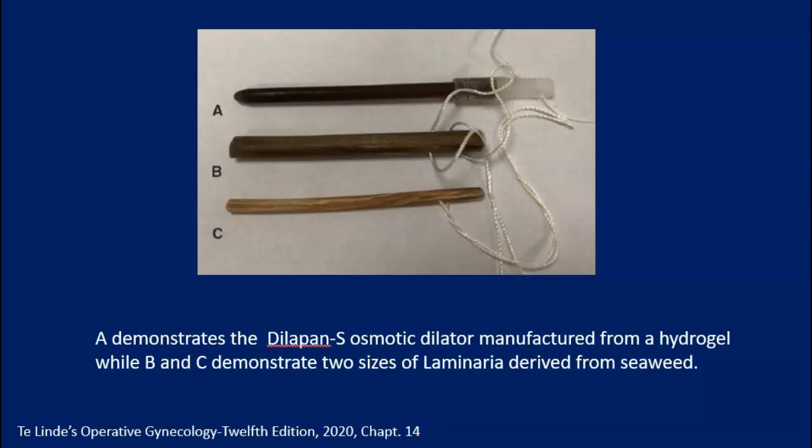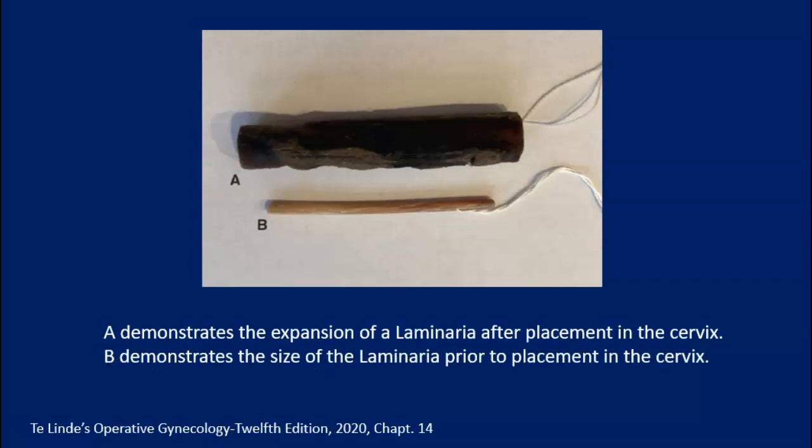This shows on the top a Dilapan-S osmotic dilator, which is a manufactured dilator, so to speak, and is made from a hydrogel which absorbs fluid. While B and C are two sizes of laminaria which are derived from seaweed.